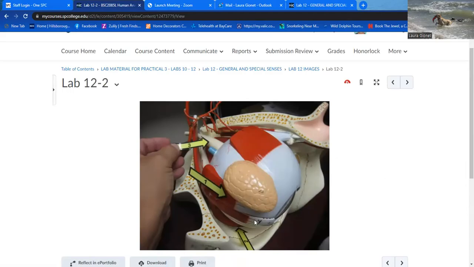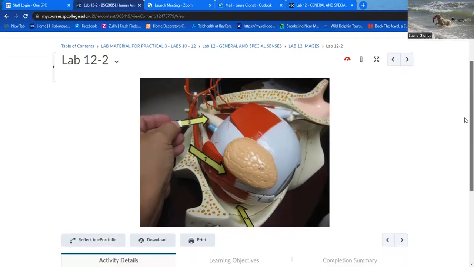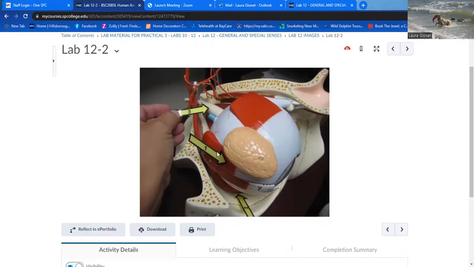All right, and here we have another eye model. We have 1, which is going to be lateral rectus. 2 is the inferior oblique, pointing to the red fibers that are kind of in the shape of a hammock there. They're going straight to the back of the eye. And 3 is pointing to the optic nerve. So something I might ask you, for instance, is where number 1 is, identify that muscle, and you would say lateral rectus.